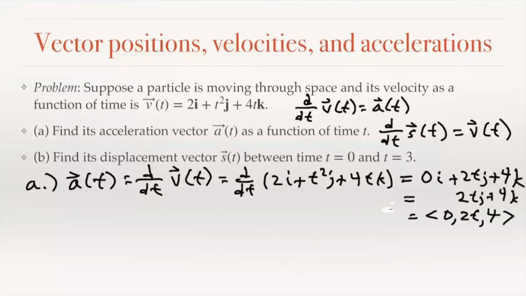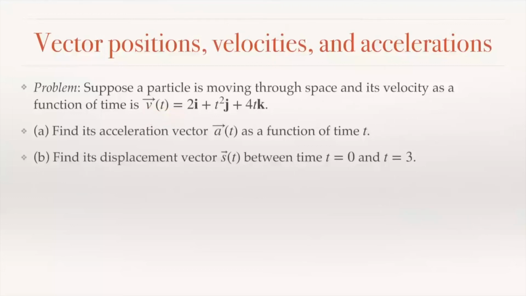Now, it's displacement. What is the difference in position of the particle given its velocity vector? Well, we know that velocity is the change in position per change of time.